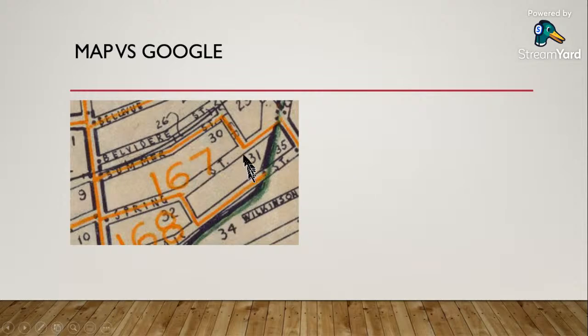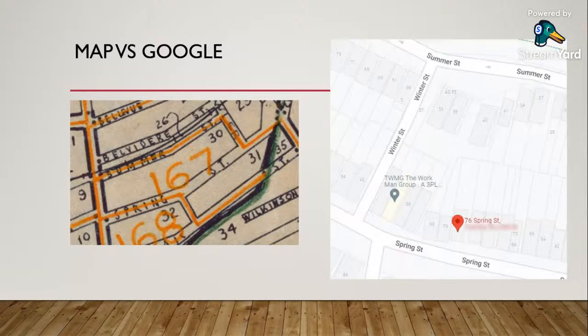So this is the enumeration district where 76 Spring Street is, according to the enumeration district map. So I went over to Google Maps, and it's telling me the same thing. There's winter, there's summer, there's spring. You think I made this up?